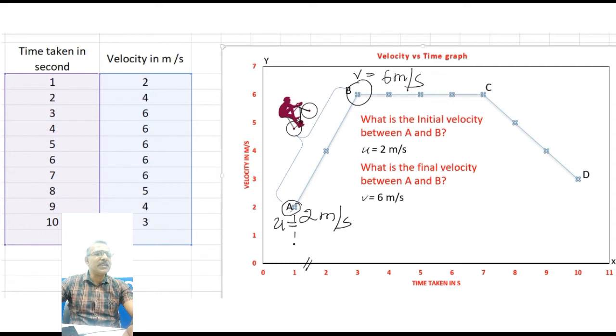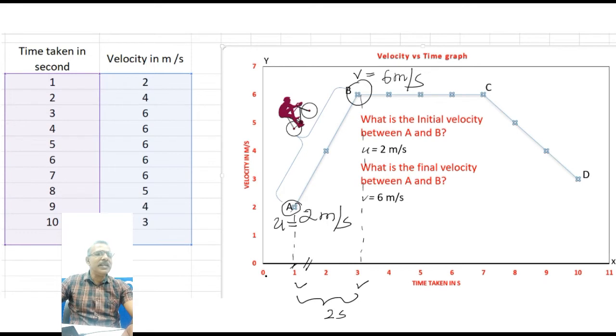Time we have to see on the time axis. So we have to find the corresponding value of time. Remember, from first second to third second. So how many seconds are here? That is 2 seconds. Why am I repeating this?